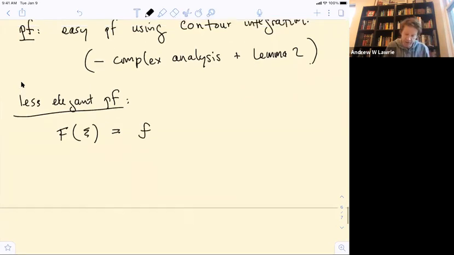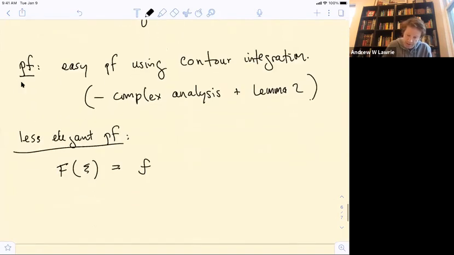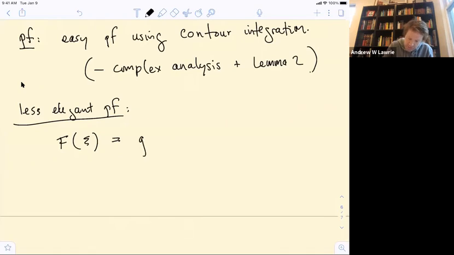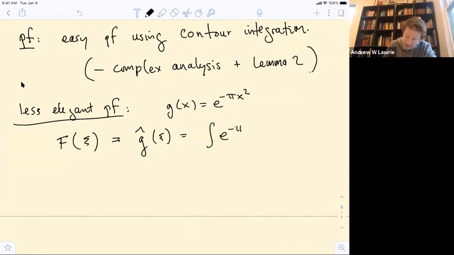Shoot, I screwed up my notation. Let capital F of c be g hat of c. So g of x is equal to e to the minus pi x squared. I'll define this function capital F as g hat of c, just so I do not have to write hats everywhere, which is the integral of e to the minus pi x squared, e to the minus 2 pi i x c dx.